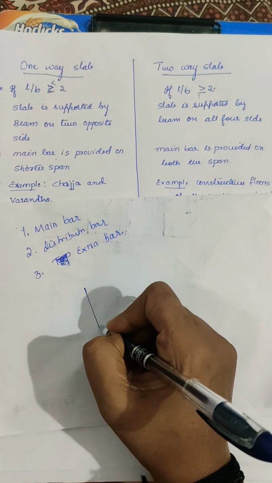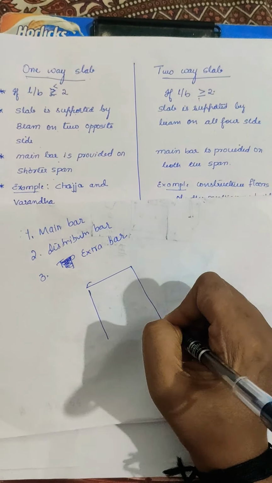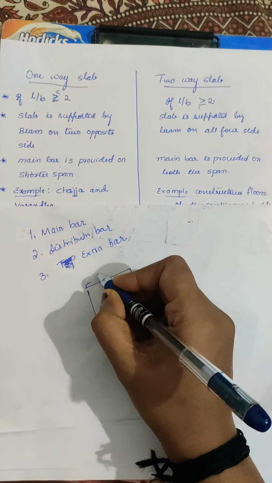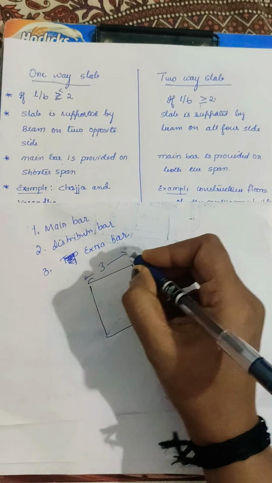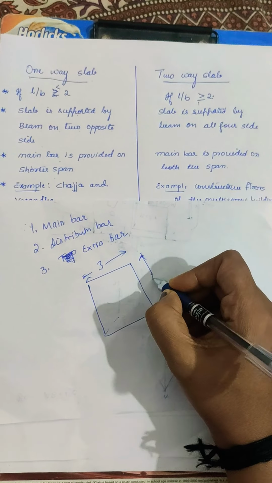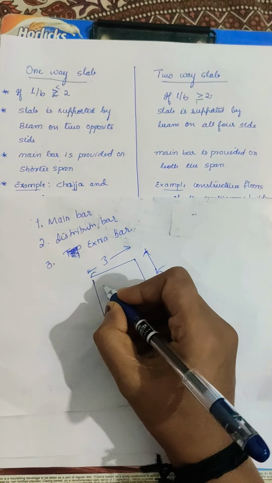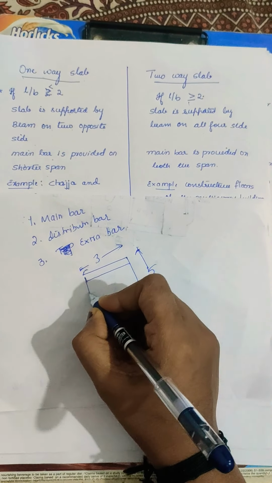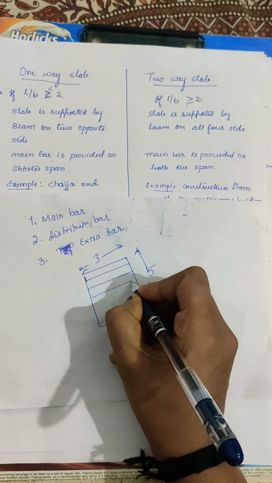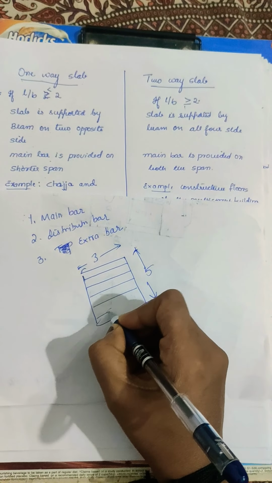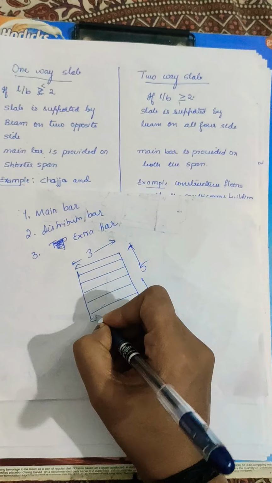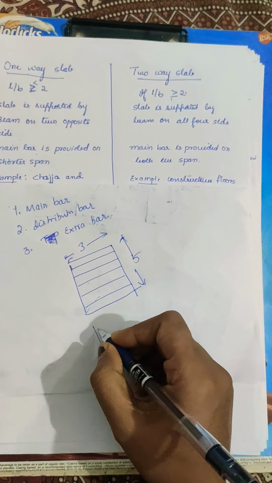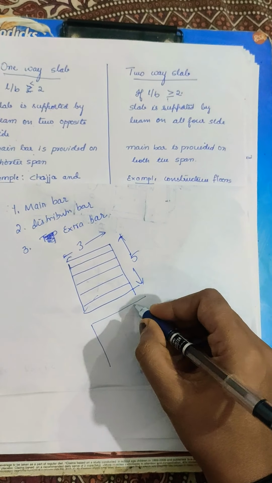So if you consider a slab as I have shown you now, that is, this is 3 meters and this is 5 meters, along the shorter span, main bar will be provided. So this I can show in another convenient way for you people.